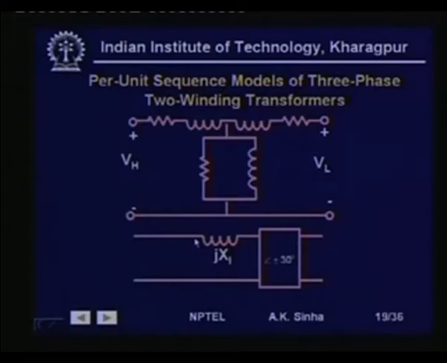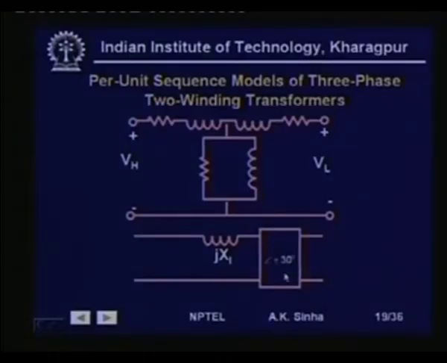In case of star delta transformers, as we have seen earlier, there is going to be a phase displacement of plus minus 30 degrees.